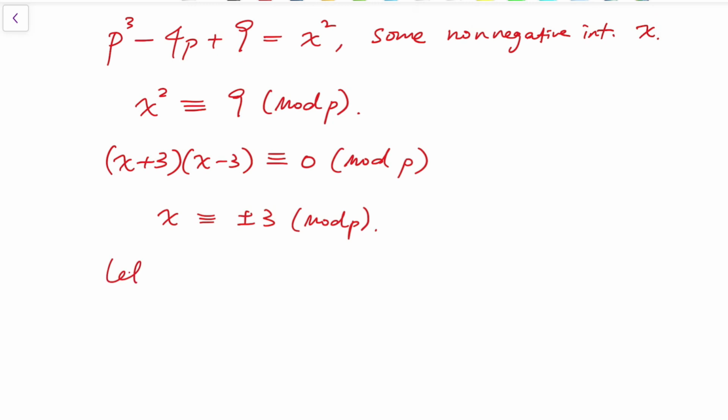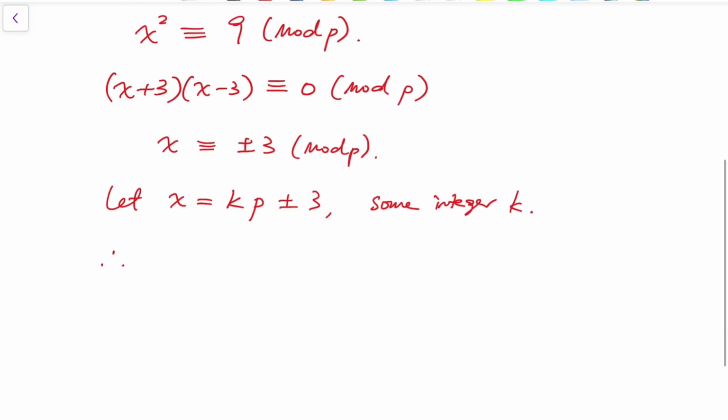So to rewrite this as an equation, I'll let x equal k times p plus or minus 3, for some integer k.